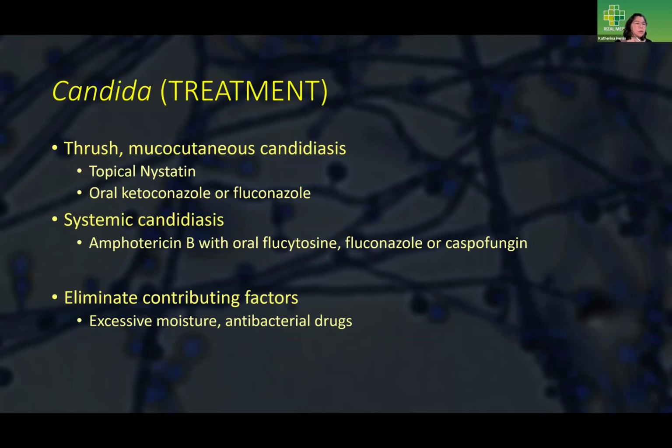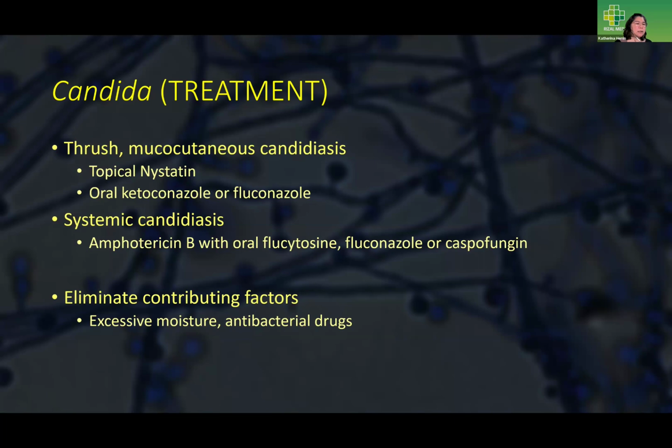Thrush and other mucocutaneous forms of candidiasis are usually treated with topical nystatin or oral ketoconazole or fluconazole. Eliminating contributing factors like excessive moisture or antibacterial drugs will help in accelerating resolution of skin lesions.